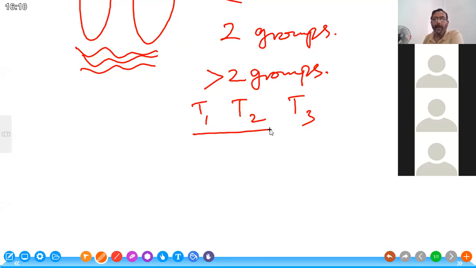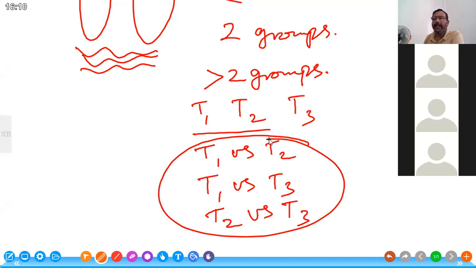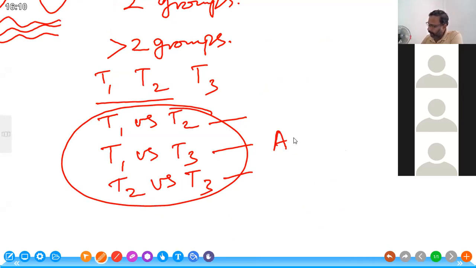We can go for t-test, T1 versus T2, T1 versus T3, T2 versus T3. Isn't it? This is again t-test, one time, second time, and third time. So what we are doing, using our ANOVA, we try to address this.